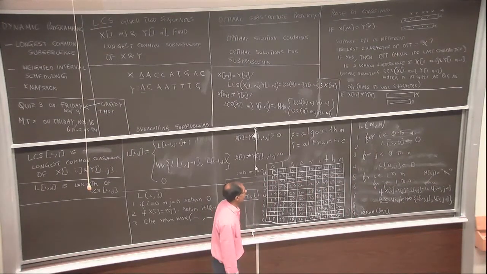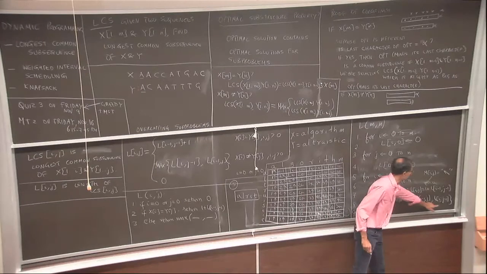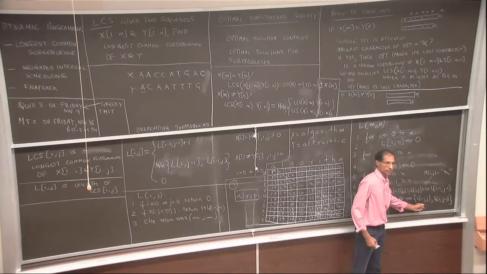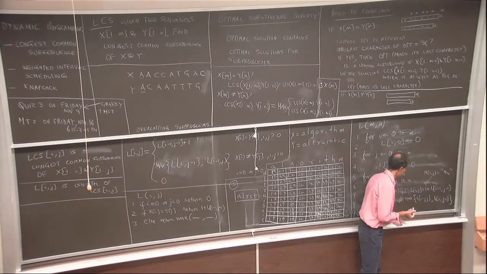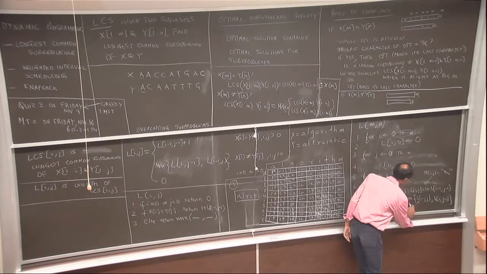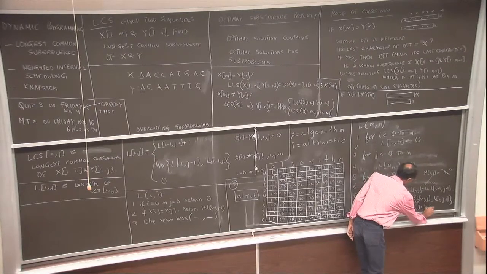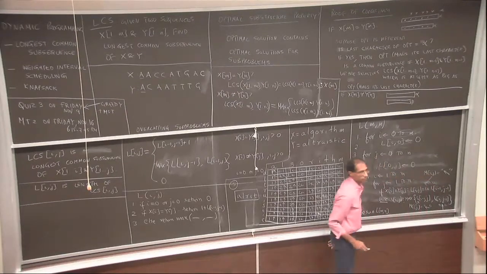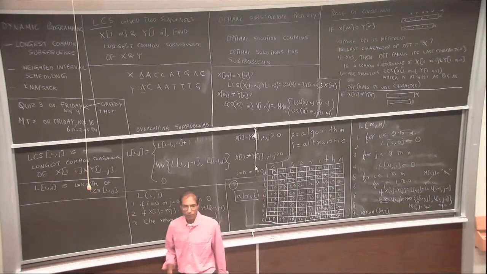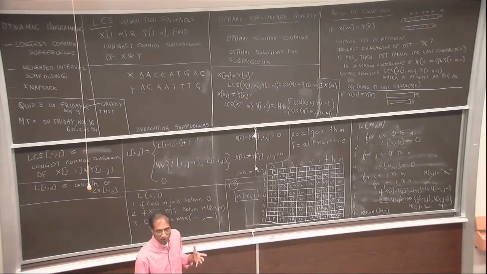And if it's one of these two cases, then if this was the max, then we will go i minus 1, which will be left. If this is the max, then we will go j minus 1, which will be up. So in this situation, M[i][j] will be left. This is not the only way to do it, but this is just one way to do it.